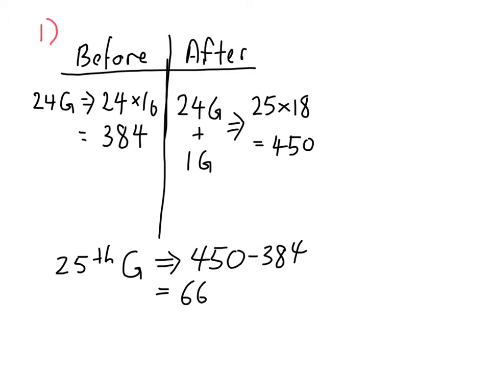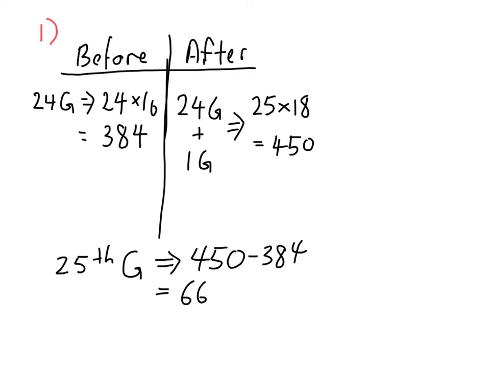So now you see the new group, the boys to girls who had just joined, 66 children. The ratio of boys to girls is 5:6.